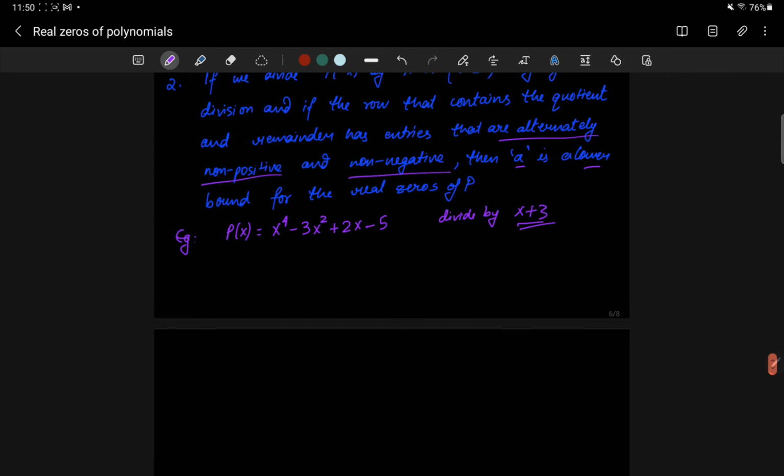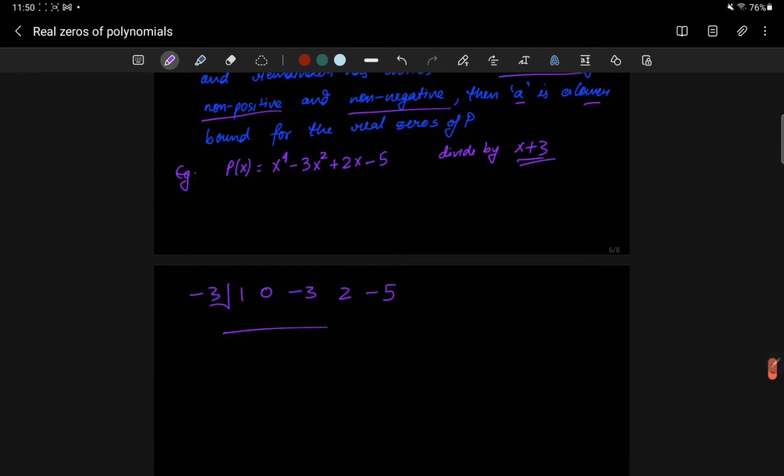So it's the same polynomial, and now I divide by x plus 3. So 0, -3, -5, so that's -3 here.